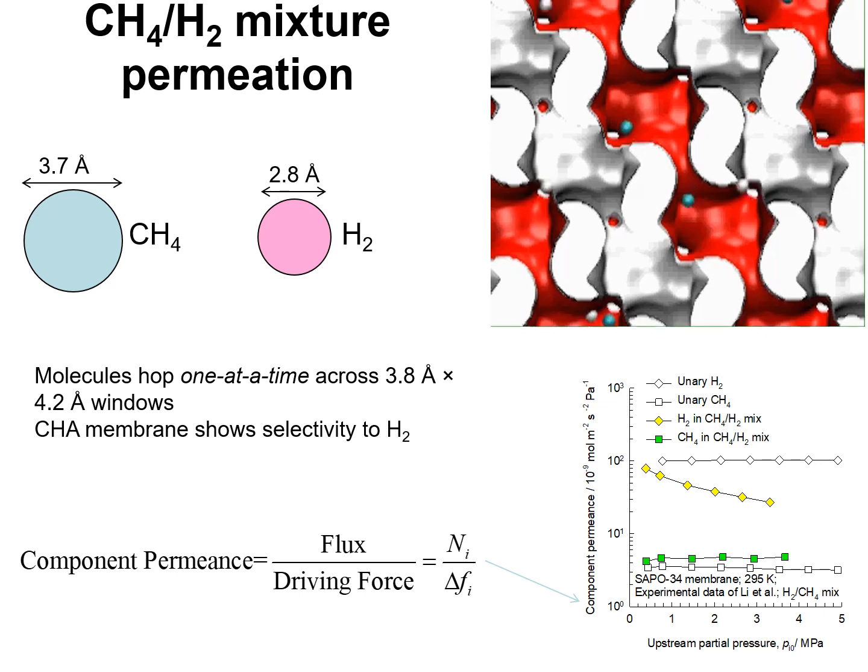Let's have a look at the animations created from MD simulations of intercage hopping of methane, shown here in blue, and hydrogen shown in white. Hydrogen is observed to undergo intercage hopping much more frequently than its partner methane.